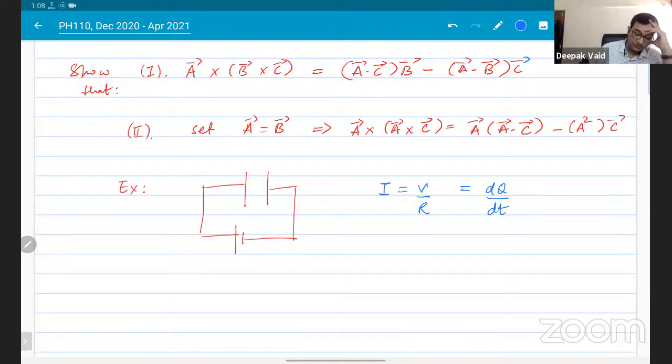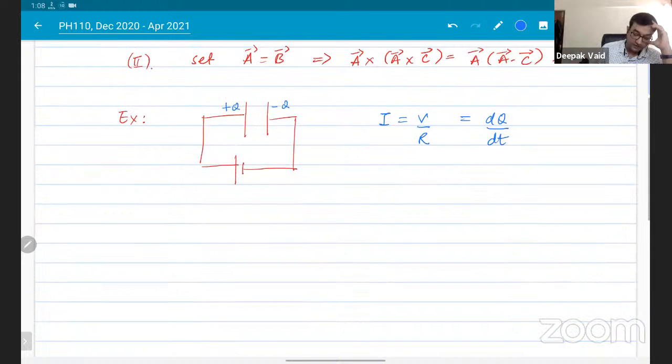Now, what is the potential across the two plates? If I have two plates like this, plus Q and minus Q, I have an electric field going between them.